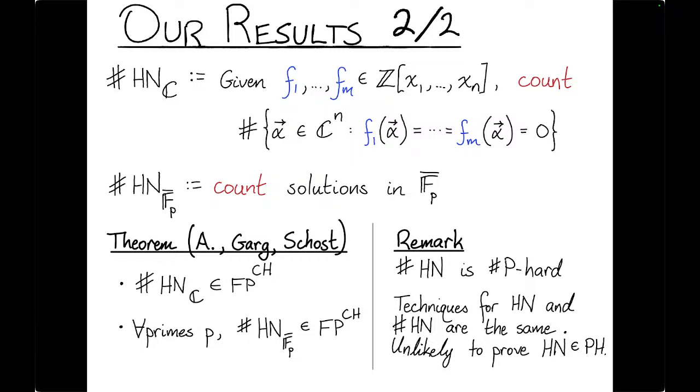But more importantly, all the techniques we use for the counting problem are based on the techniques we use for the decision problem. This suggests that everything we're doing to solve the decision problem, you'd like to prove that you can solve it in PH, the polynomial time hierarchy, but we can't. These techniques are solving a stronger, harder problem.